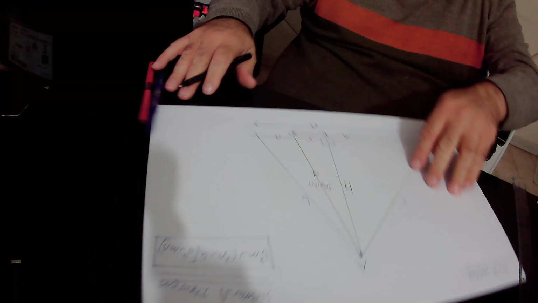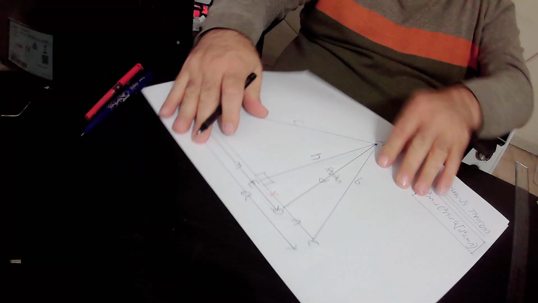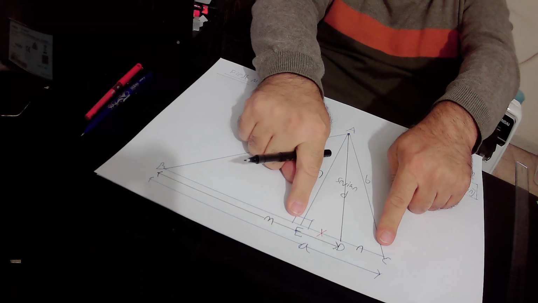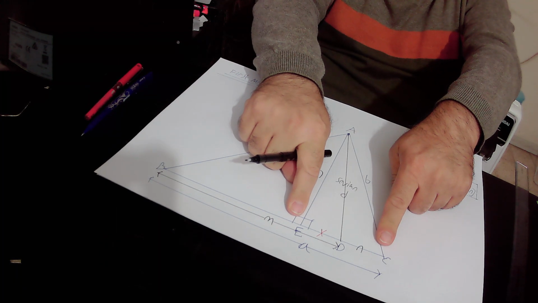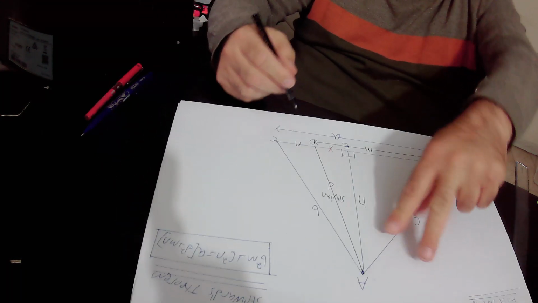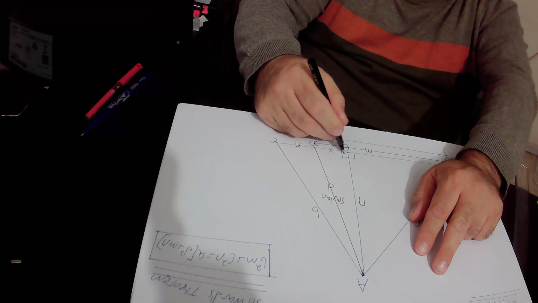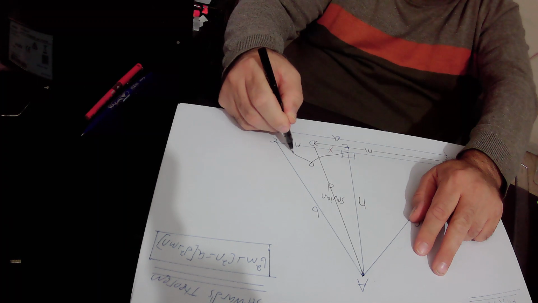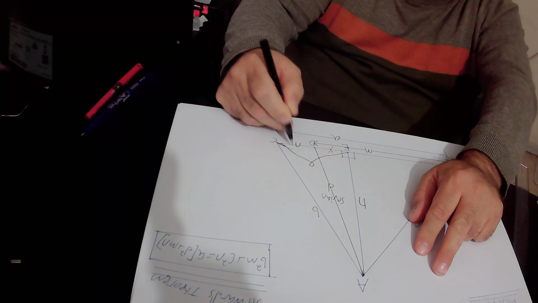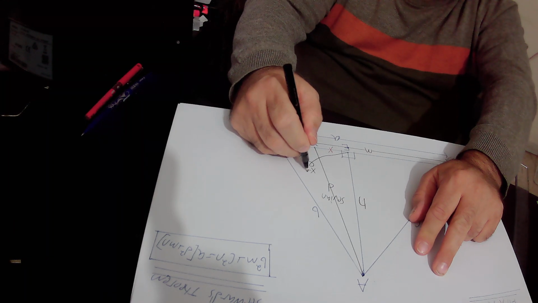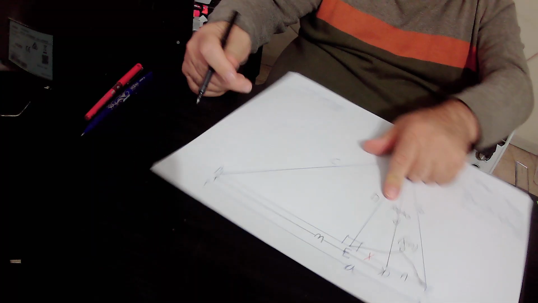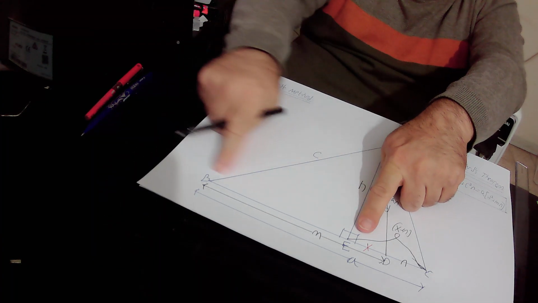What is the length of line segment EC? It is very easy to see that EC equals X plus N. So I write it down here that the length of line segment EC equals X plus N. What is the length of line segment BE?